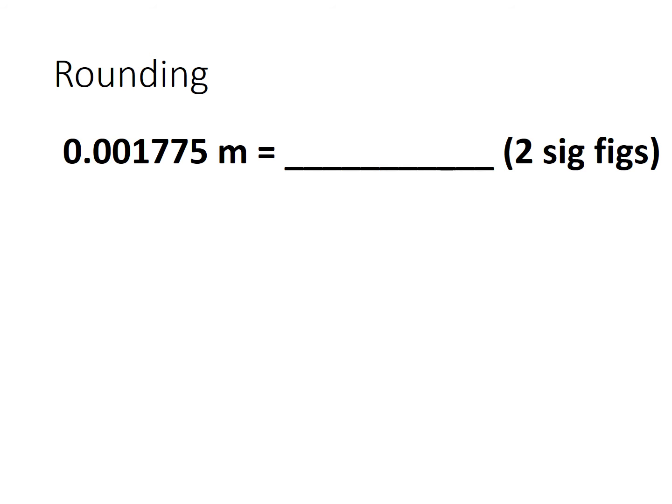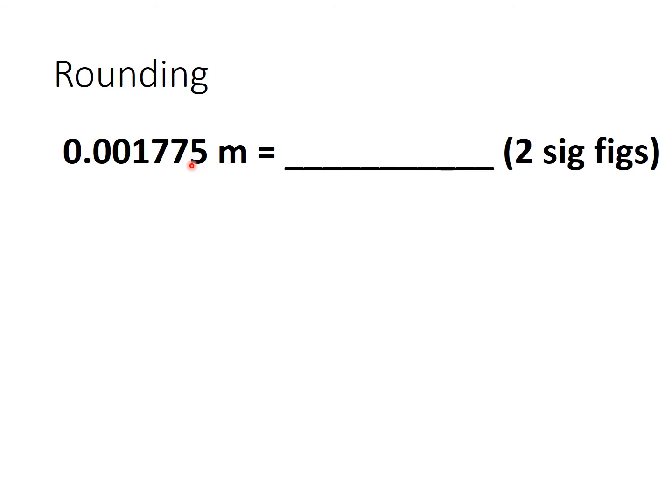Now sometimes we're going to have to round up. In this case we have 0.001775, and we want to report 2 significant figures. So the first non-zero number is 1, and the next one is 7. So we'll draw a line right here where the pointer is between the 2 sevens. Now the second 7 is greater than 5, which means we can round up this first 7 to an 8.